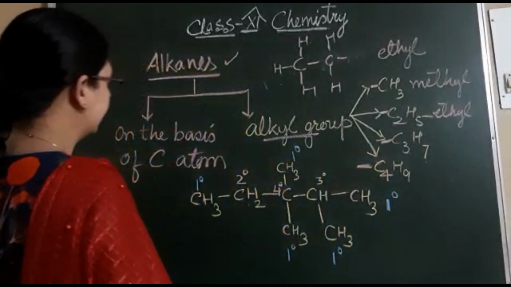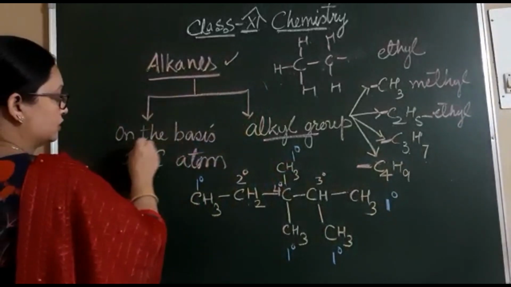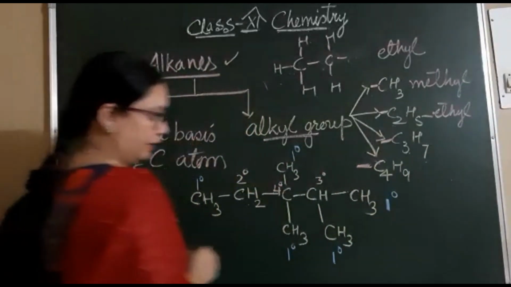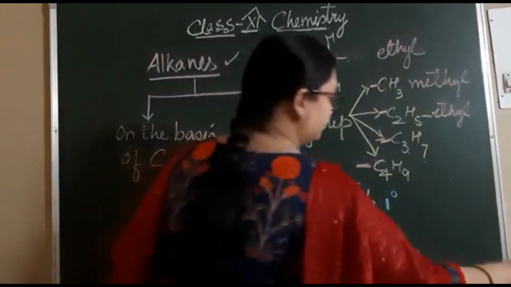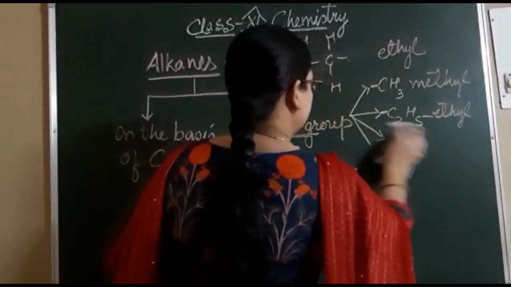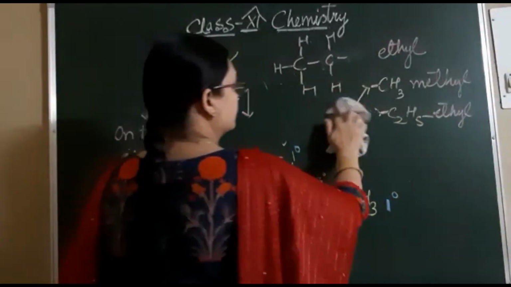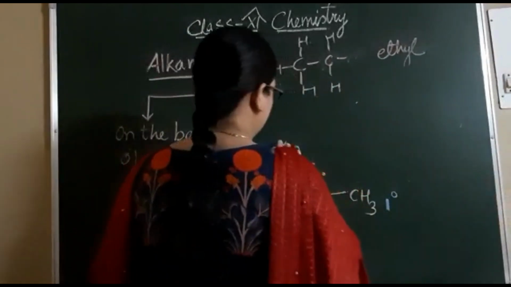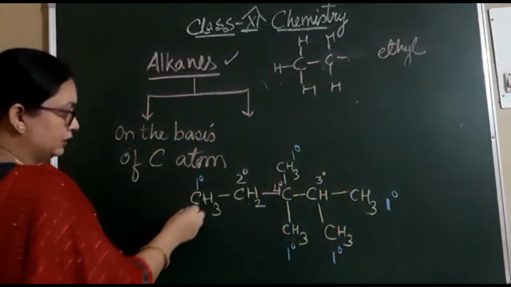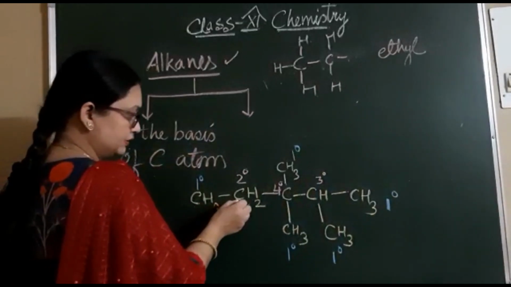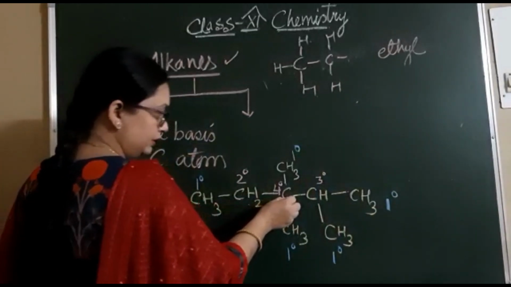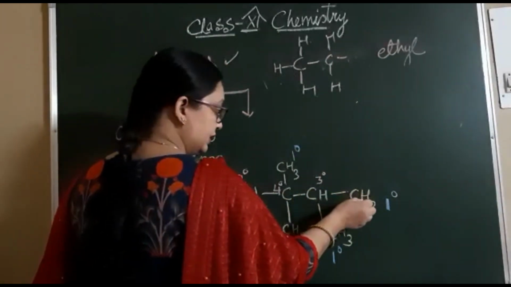Now let us see the alkanes on the basis of the carbon atom. Consider this example. This is CH3, it is CH2, it is carbon, then it is CH3.